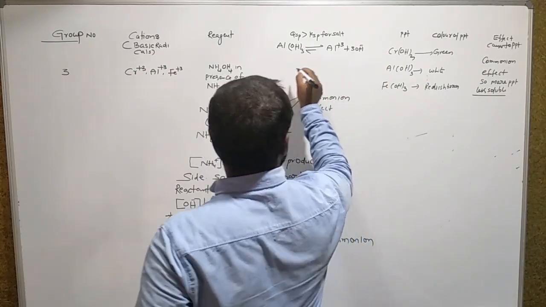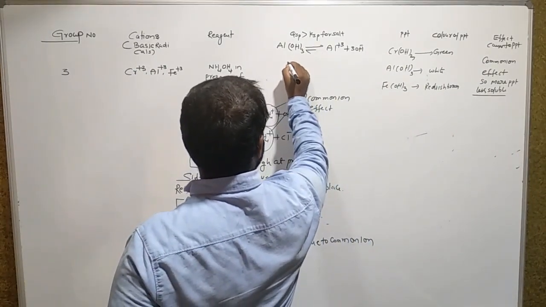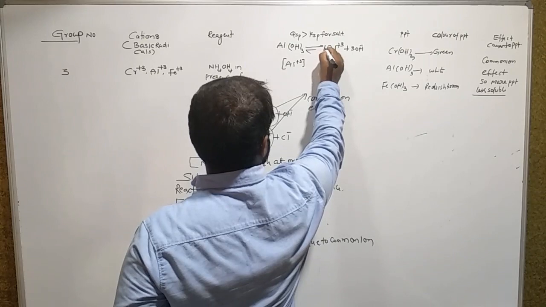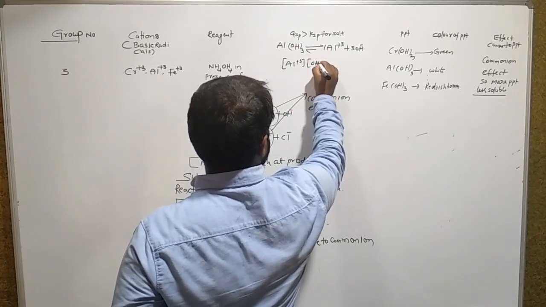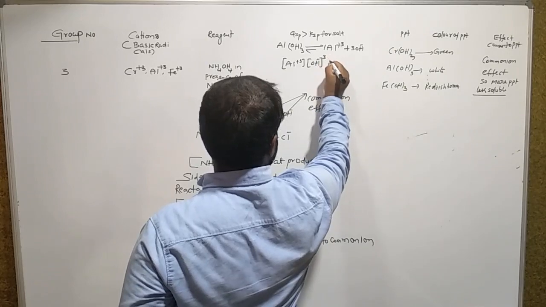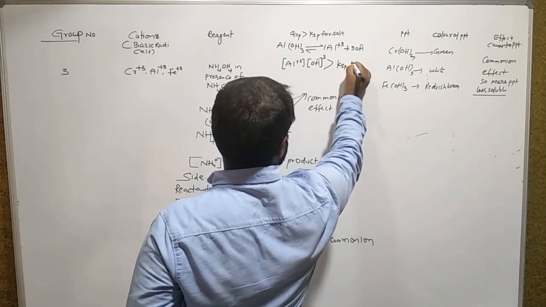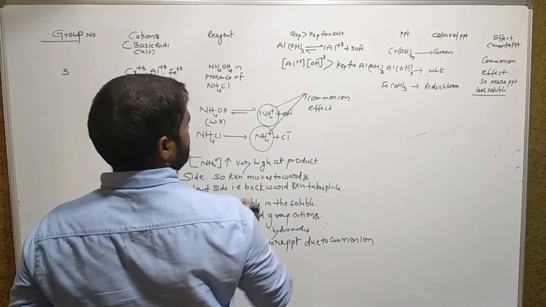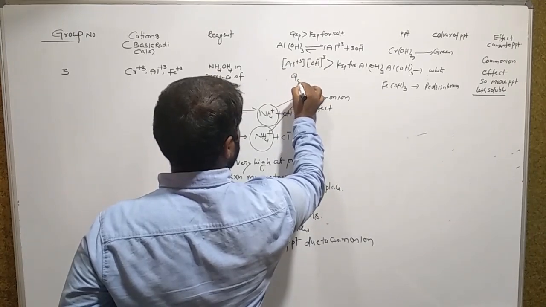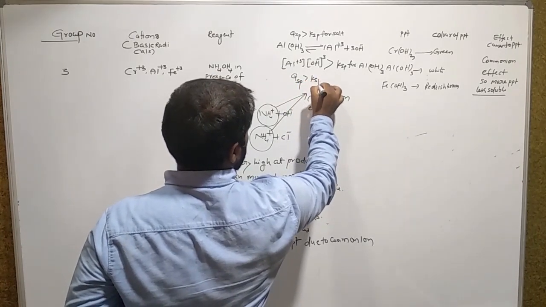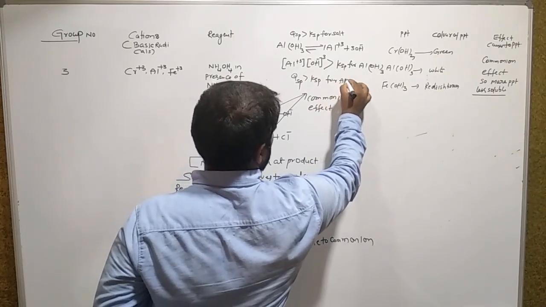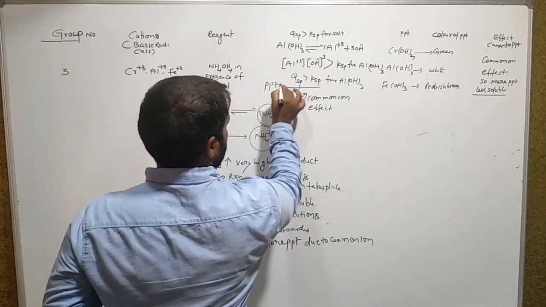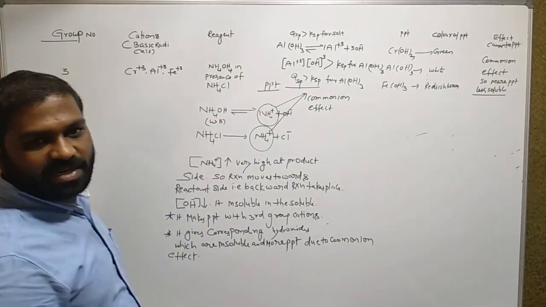Now write its QSP expression, that is Al plus 3, coefficient 1, and OH minus, coefficient 3, greater than KSP for Al(OH)3. This is the PPT condition, am I right? Is it clear to all of you?